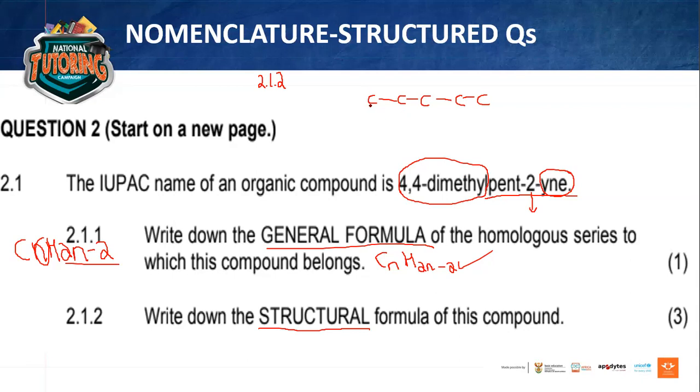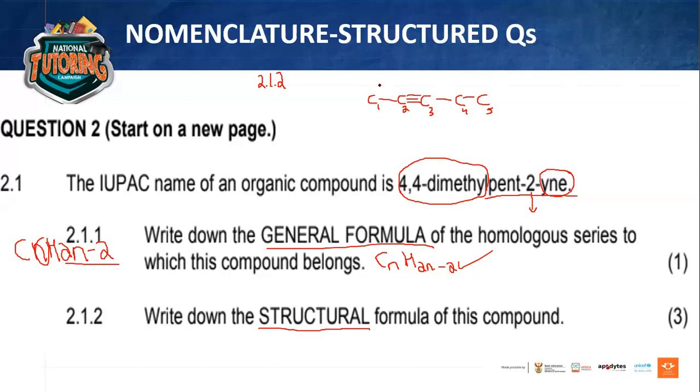So if I'm numbering from left to right, let's say this is carbon 1, this is carbon 2, and please don't include the numbers when you are drawing. It is just for the purpose of this lesson so that you see clearly what I'm doing. So on carbon 2, my dear learners, I must have the triple bond. So I had just made it a single bond. I'll put the second one, the third one.